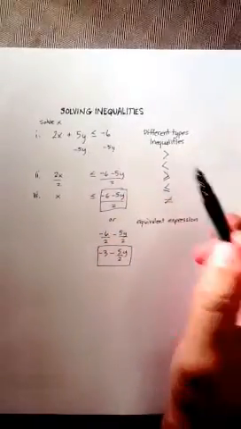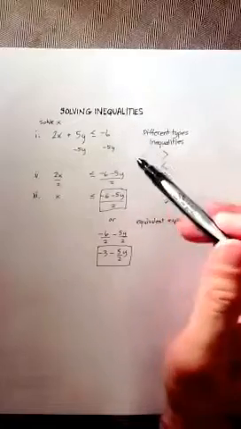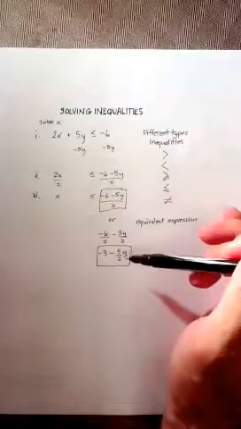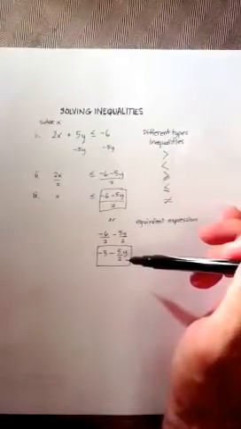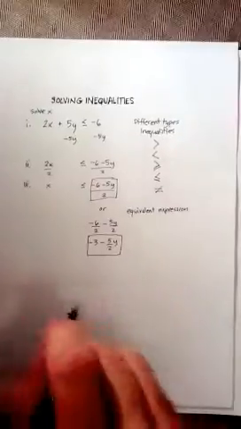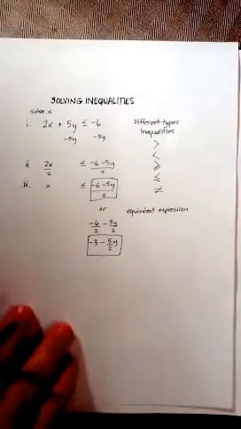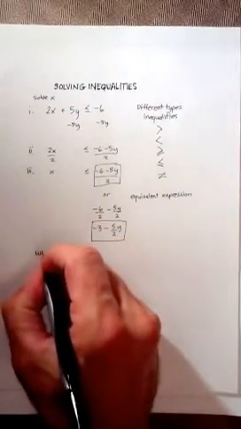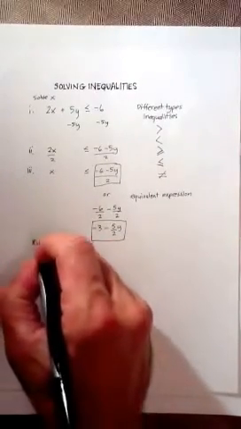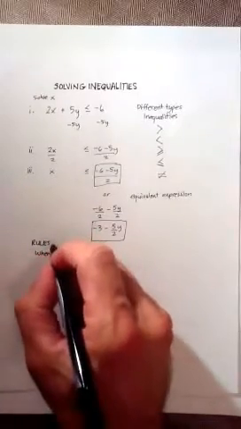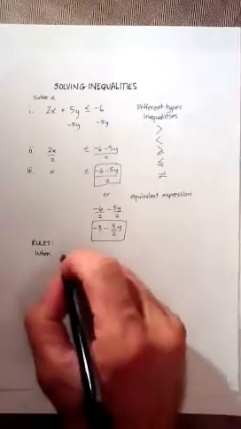Now you'll notice that in solving this inequality, I really didn't do anything different than with a regular equation. The only rule that you have to pay attention to for inequalities, and let me write this here, is the rule that distinguishes inequalities.